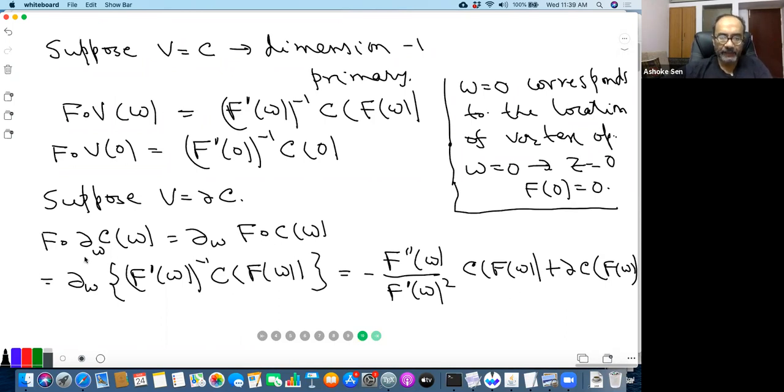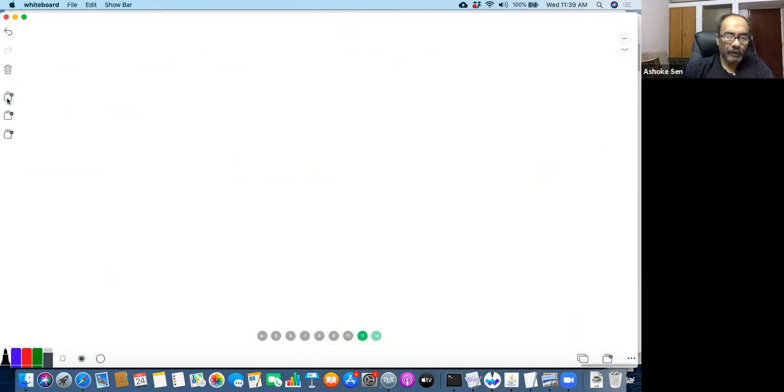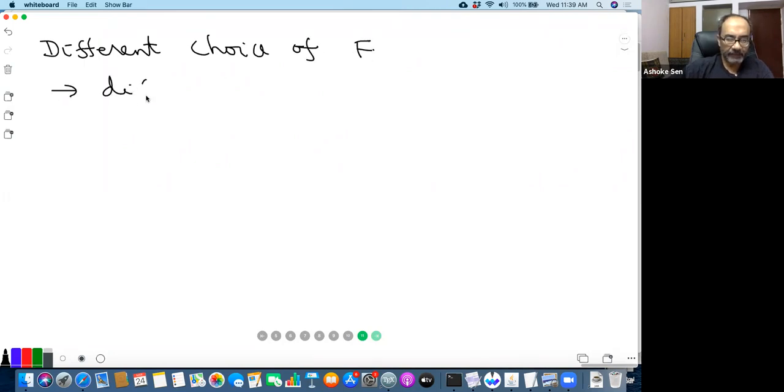So this is the way we can figure out what you should insert, but the choice of f is important. So a different choice of f gives a different string field theory.